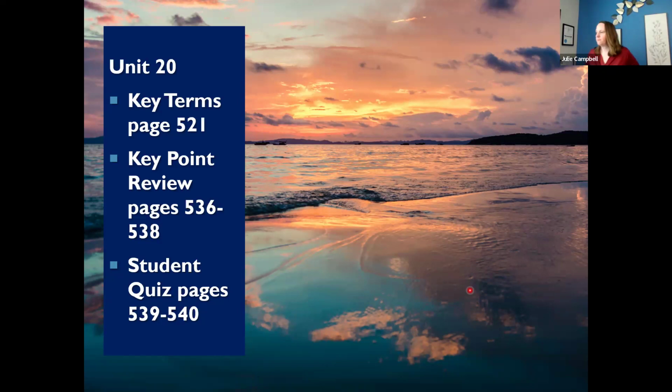Questions on unit 20. Good? They're good?